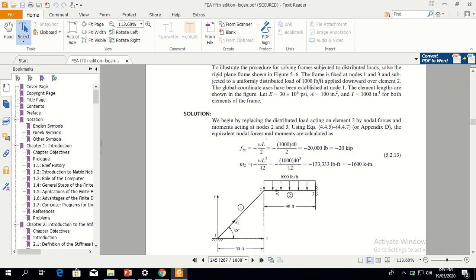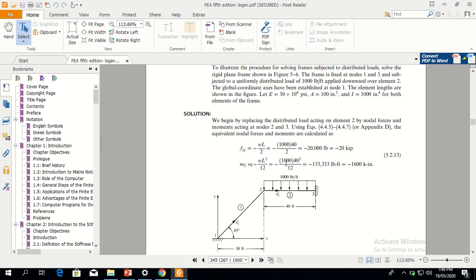The equivalent nodal forces and moments are calculated by WL by 2. Force at node 2 is W, where W is given as 1000, L is 40, and divided by 2. This is the formula used for finding concentrated force, and M2 is the moment at point 2. This can be found by using WL square by 12.